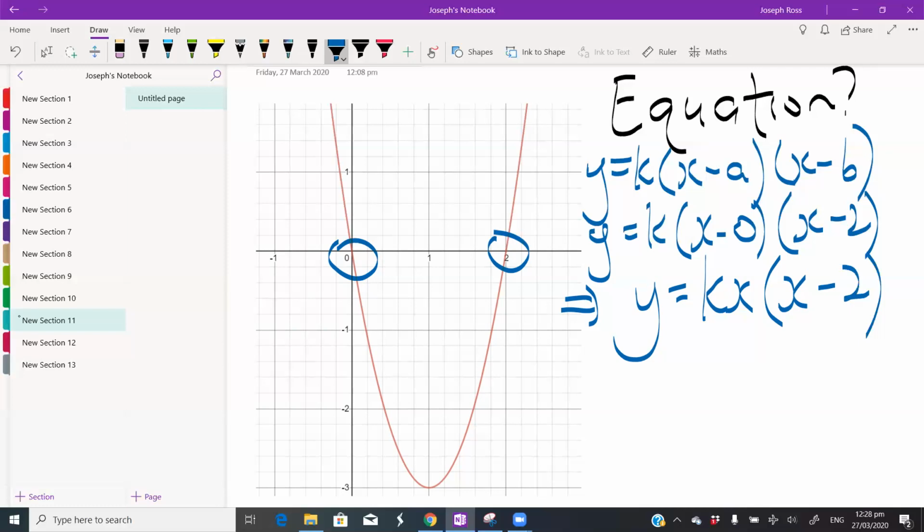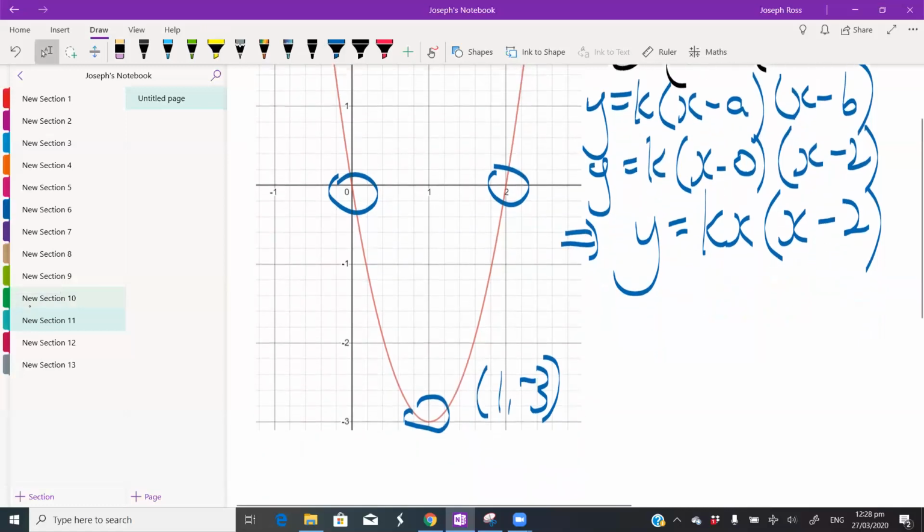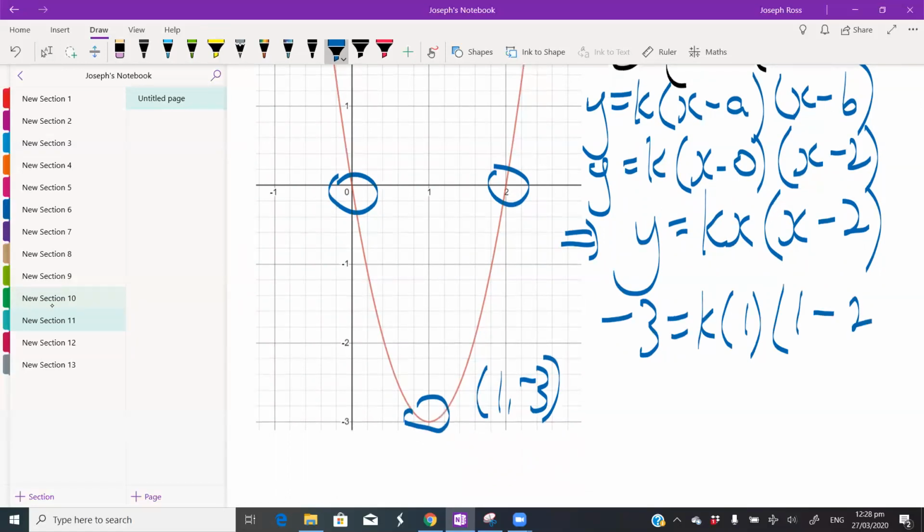So the other point that we can use here is the vertex. We can see from the graph that when x equals 1, y is -3. So if we substitute that into our equation, we've got -3 equals k multiplied by 1 multiplied by (1 minus 2).